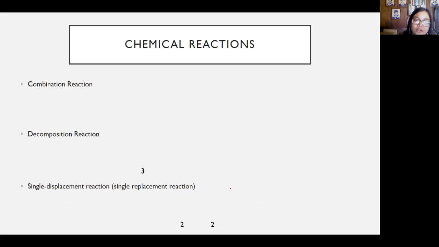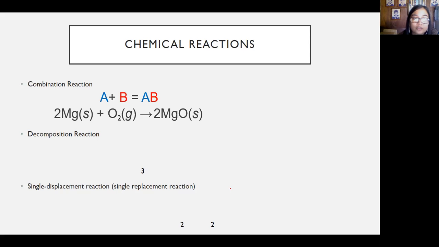So here are some of the chemical reactions na ma-observe natin kapag nag-react tayo ng certain compounds. So first one is the combination reaction. So the combination reaction follows the formula of the A plus B is equal to AB.